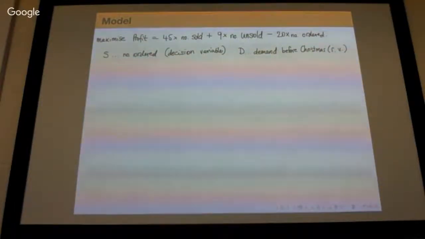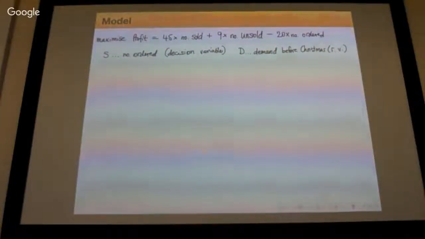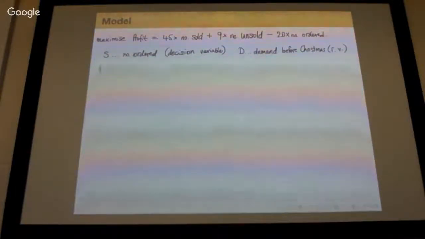Okay, now we're trying to make this fit into the model which is used, so we need to somehow express it in an odd way. So I'm going to rewrite the profit in an odd way.